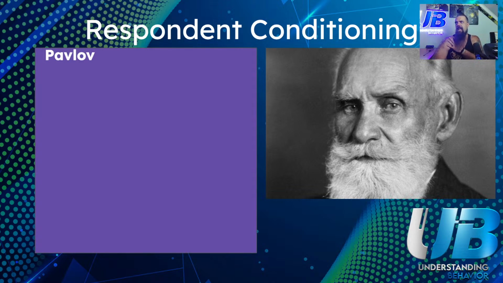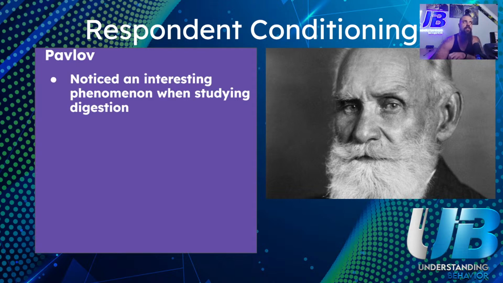This guy, his name is Ivan Pavlov, and he was a scientist in the late 1800s, early 1900s. So Pavlov was not a psychologist at all. He existed before psychology was really that big of a thing. He lived around the same time as Sigmund Freud, who was the first psychologist.